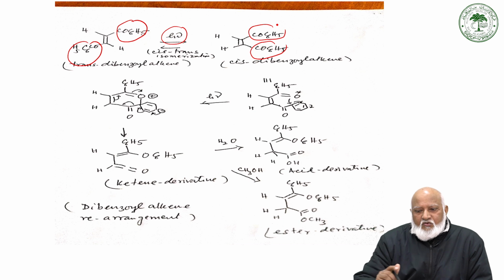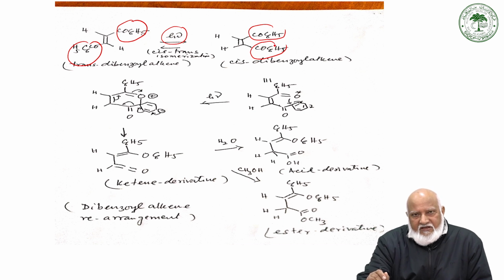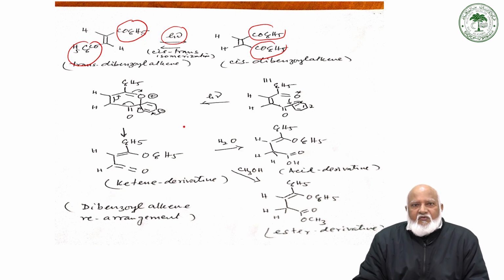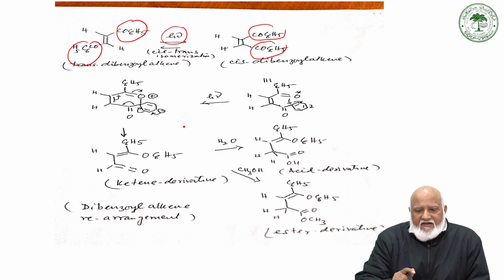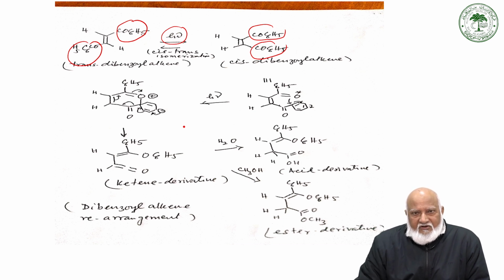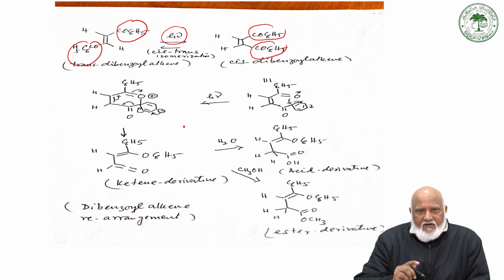Now, the two benzoyl groups in the cis isomer are again nicely suited for a further photochemical reaction, and an interesting photochemical reaction by these two benzoyl groups oriented in cis fashion is shown over here.